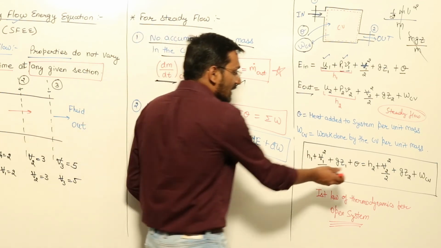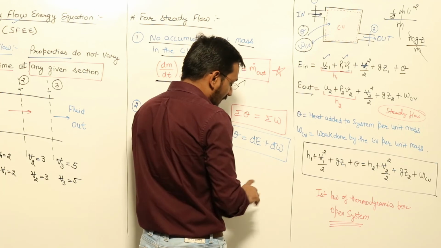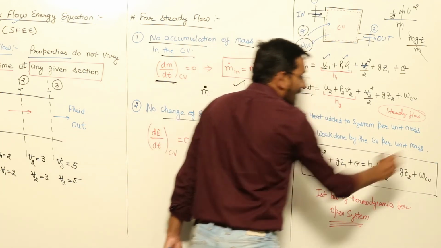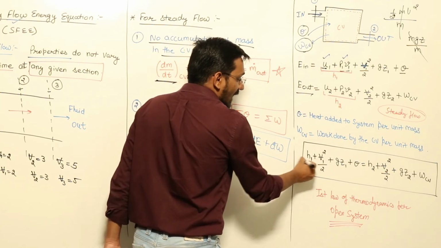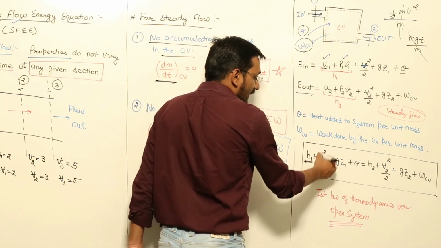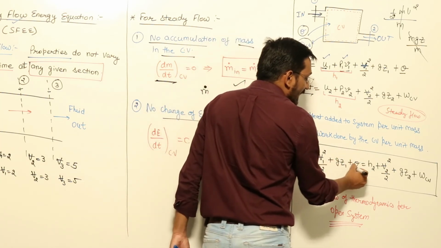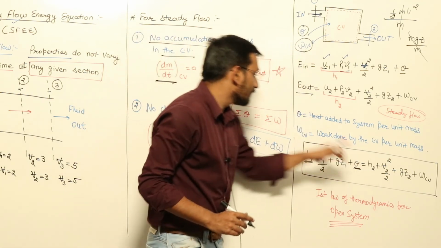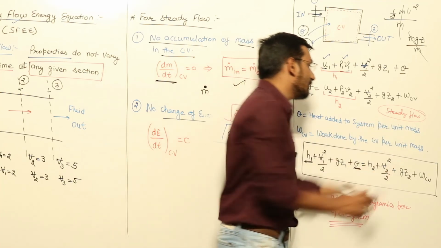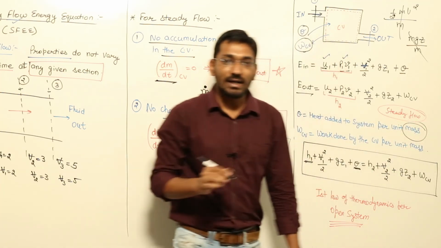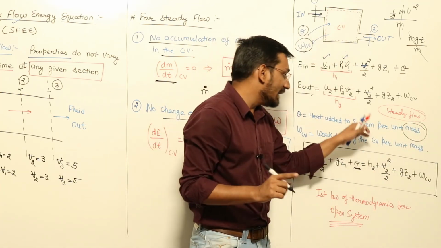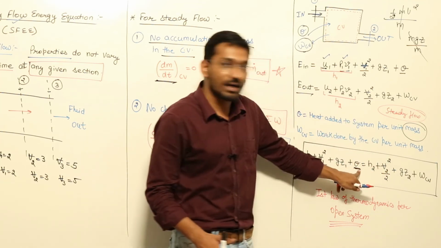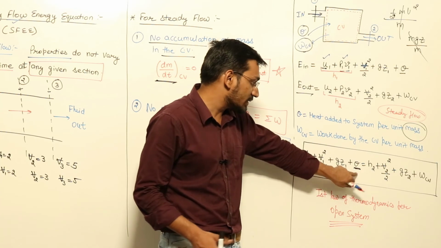Now in this equation, just one thing you have to remember: everything is per unit mass. This is specific enthalpy, this is velocity, this is heat added to the system. Just remember this, Q is heat added to the system per unit mass, right? In a question, if heat is simply given, say 100 kilojoule, you cannot write 100 kilojoule here.